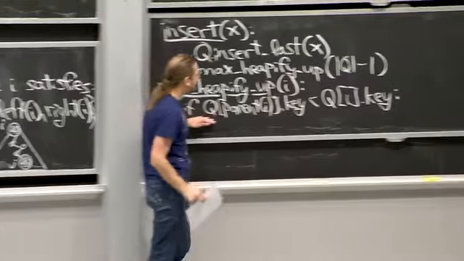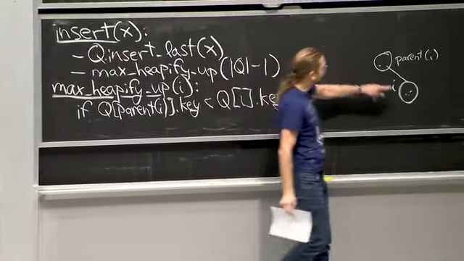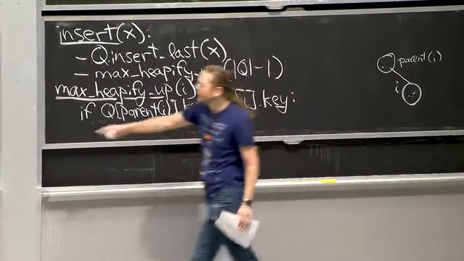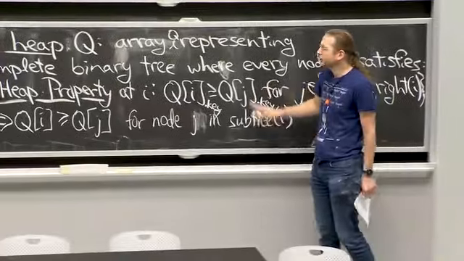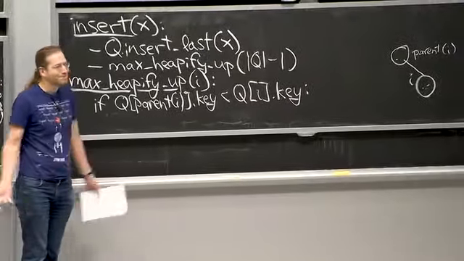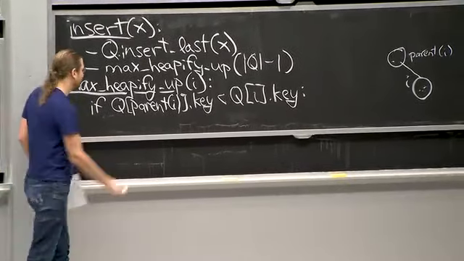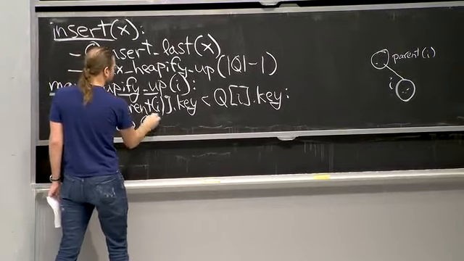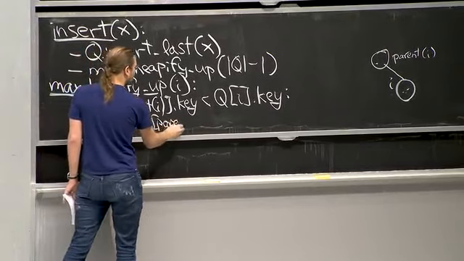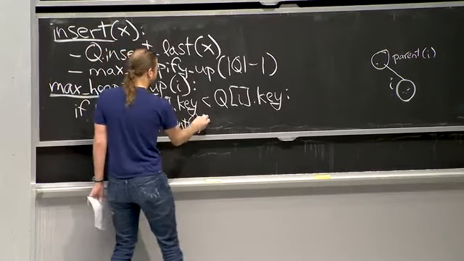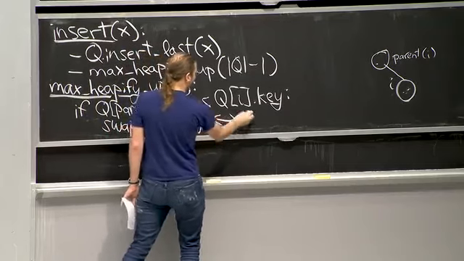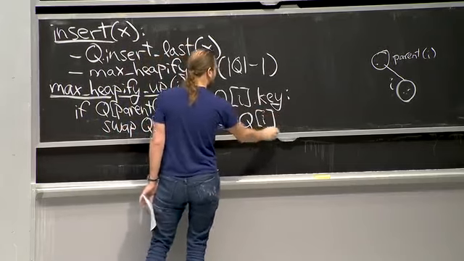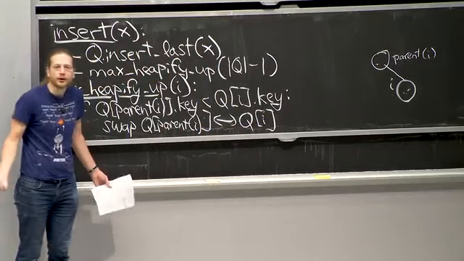So this is the bad case. This is if the parent is smaller than the child. We wanted the parent to always be greater than or equal to its children. So in that case, what can we do? Swap them. Let's swap Q of parent of I with Q of I. Now they're in the right order.